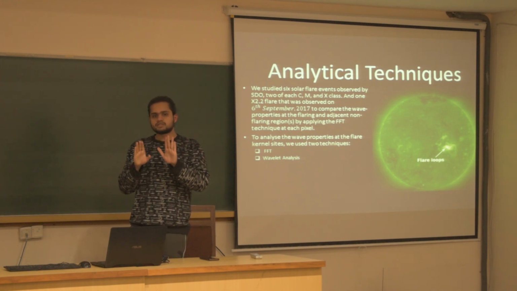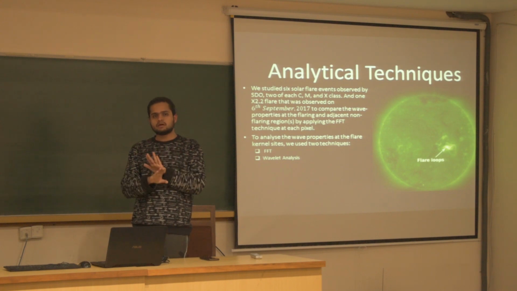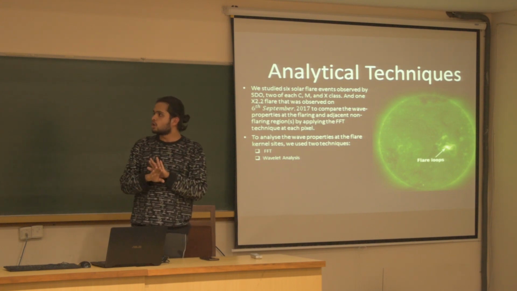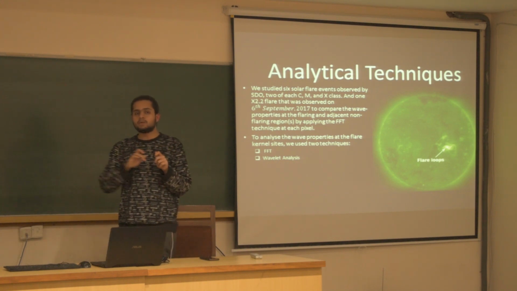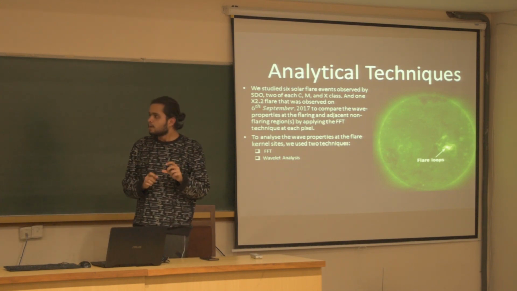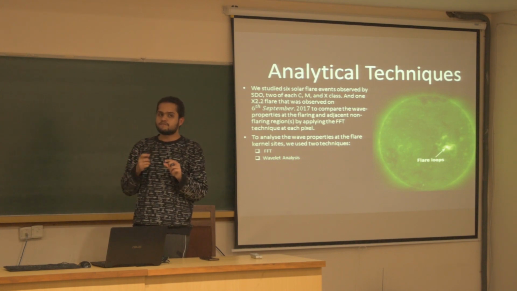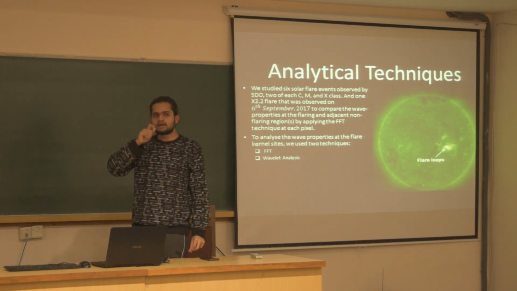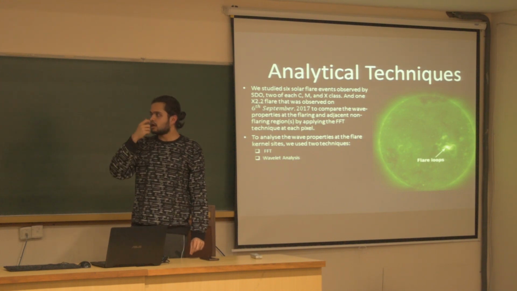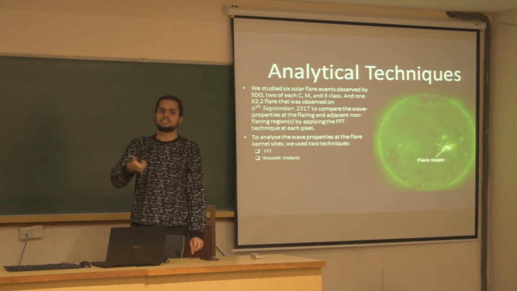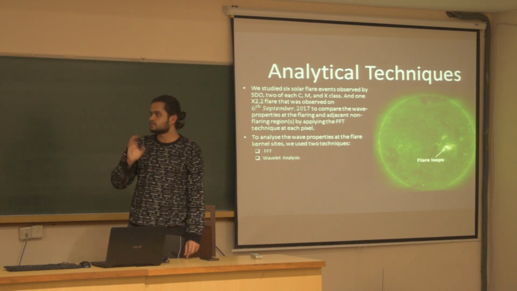We get those FITS images and all those properties, like magnetic field variations and velocity variations, in the time domain, how it is changing with respect to time. But we were trying to observe the frequency change, so we converted the time domain into the frequency domain. So we extracted the main frequencies present in those oscillations.